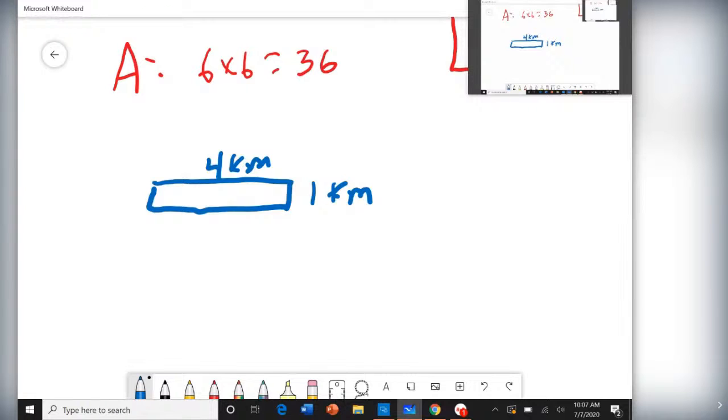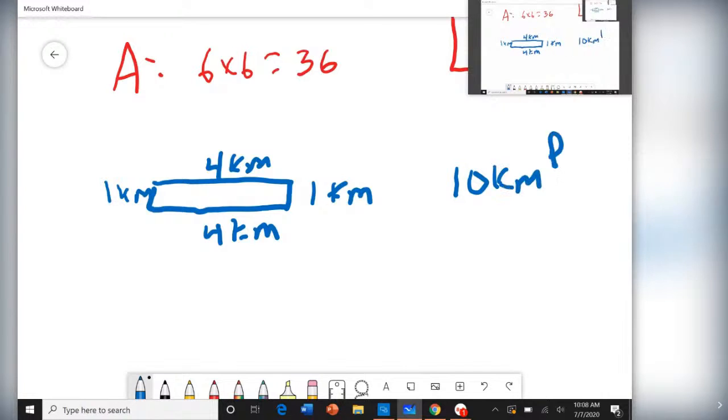But remember, the opposite sides are going to be equal. So this bottom one is going to be 4 km, and this one is going to be 1 km, because they're exactly the same. So you'd add them all together, and that would be 10 km for the perimeter.